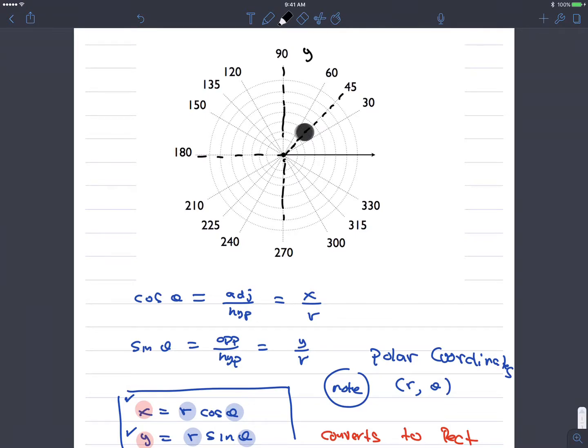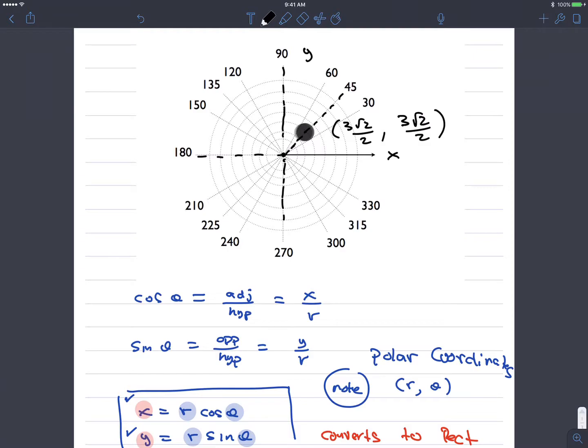This polar representation could be described in rectangular as simply 3 square root of 2 over 2, 3 square root of 2 over 2. This is in terms of an x-y coordinate system superimposed on your polar.